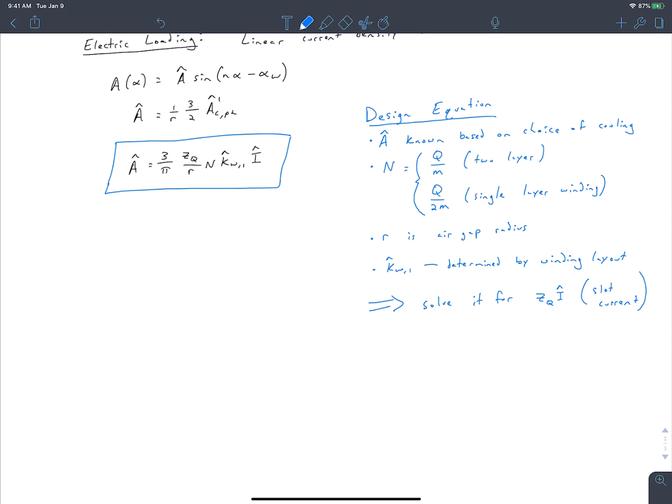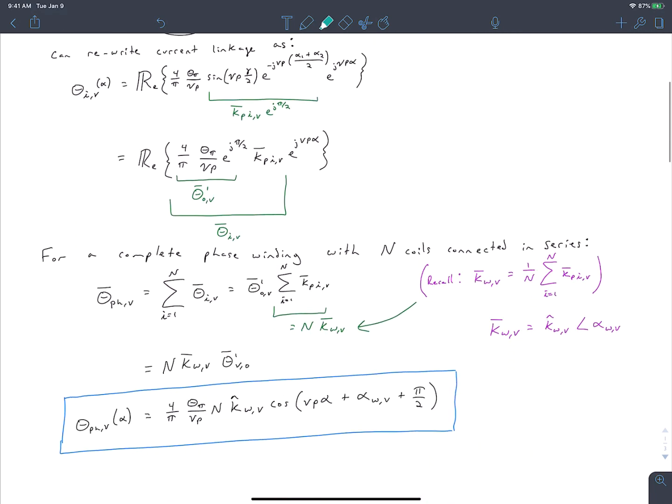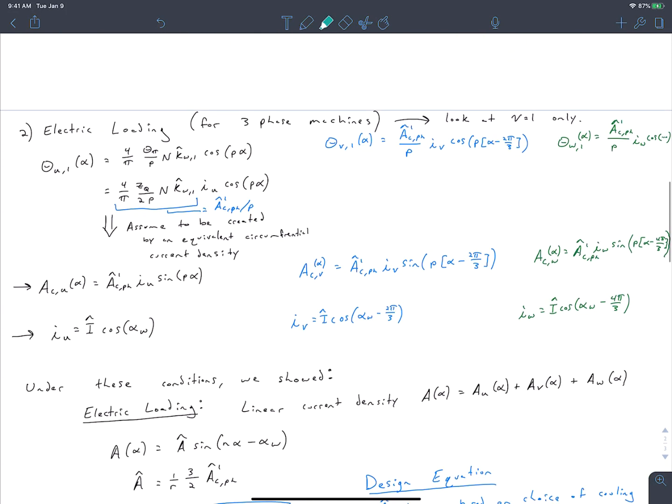So if we think a little bit about what we've done in this video, we've related winding factors to our current linkage. So we've said that if we lay out a winding and we calculate our winding factors, we can determine an analytic expression for each harmonic of our current linkage of our complete phase winding. So that's an important result. And then second, we've noticed that the fundamental component of our current linkage can be treated as an equivalent sinusoidal circumferential current density.